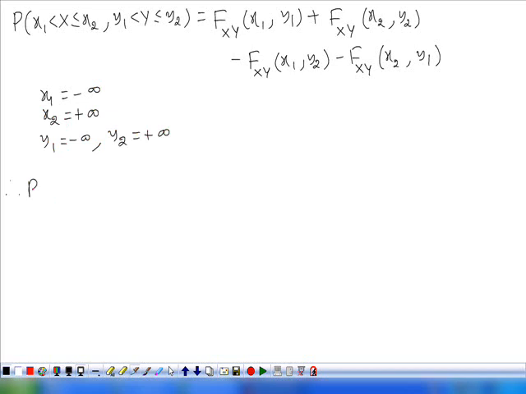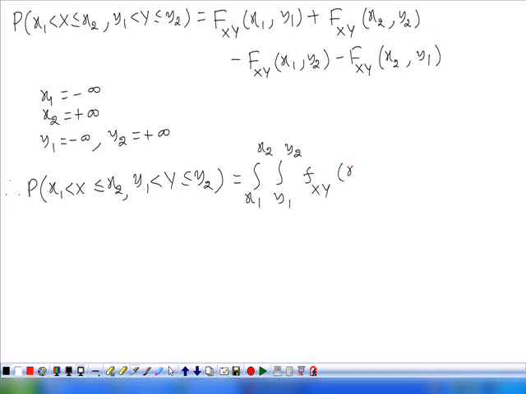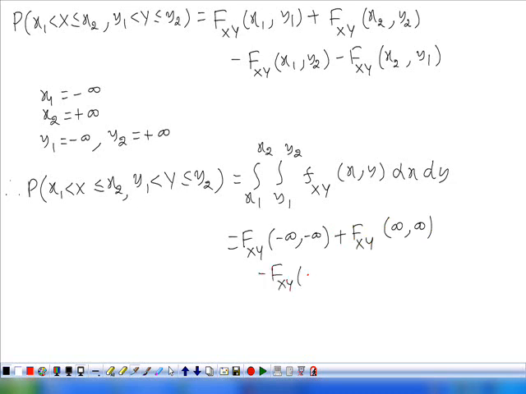So therefore, can I write this as the integral x1 to x2, integral y1 to y2 of fxy x comma y dx dy, which is equivalent to fxy of minus infinity comma minus infinity plus fxy of plus infinity, plus infinity minus fxy of minus infinity, plus infinity minus fxy of plus infinity, minus infinity.